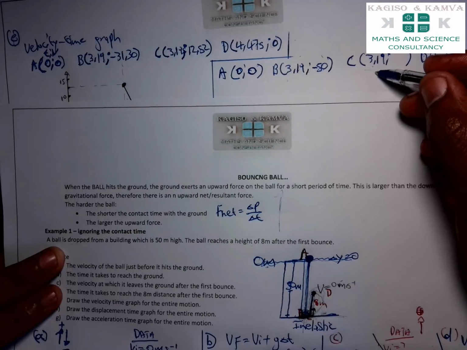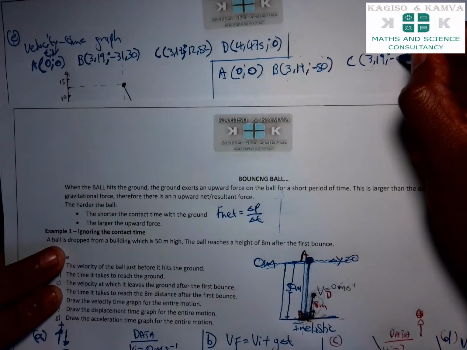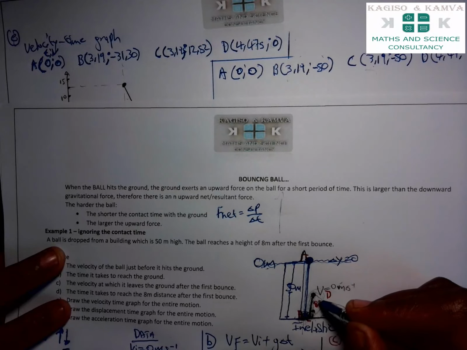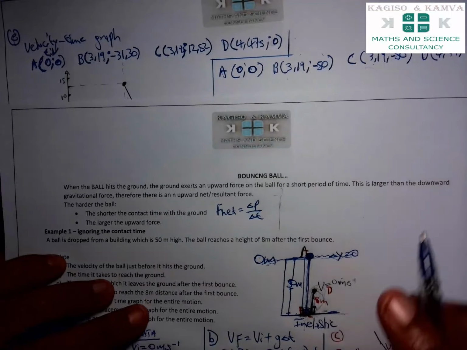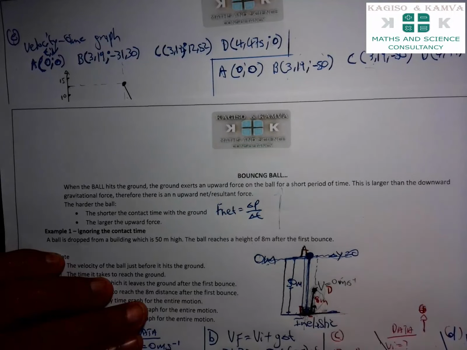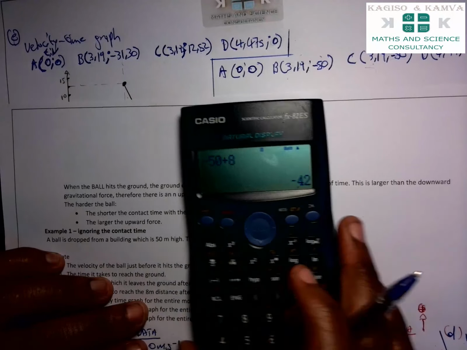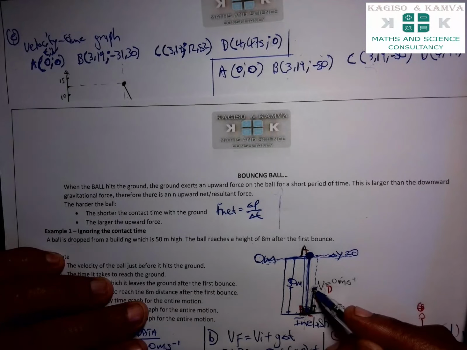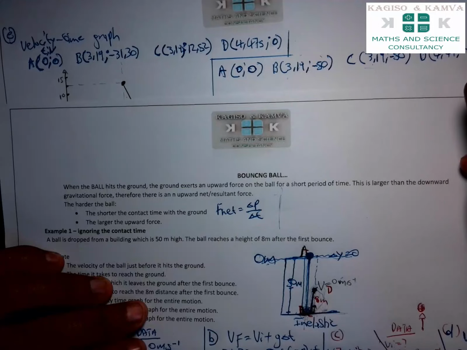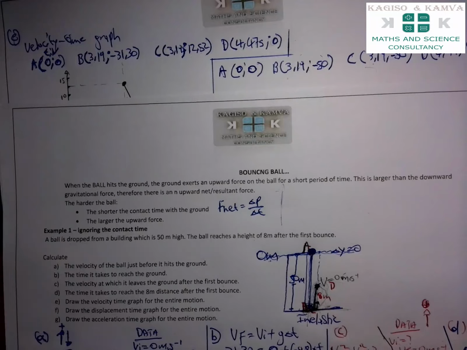Still at C, when it leaves the ground, it's still at the ground, so the displacement is still negative 50. Now it is going up. At D, the displacement will be from here to there. How do we get it? This is going to be negative 50 plus 8, because now it was going up. That will be negative 42.